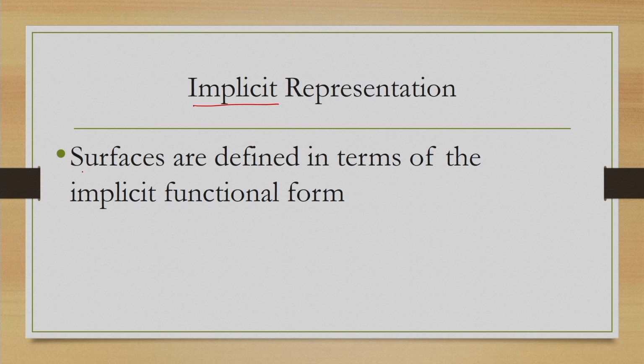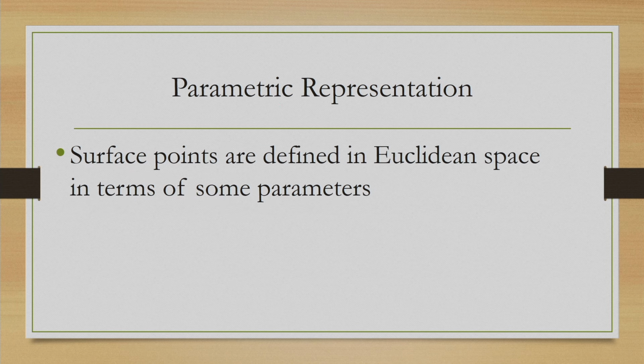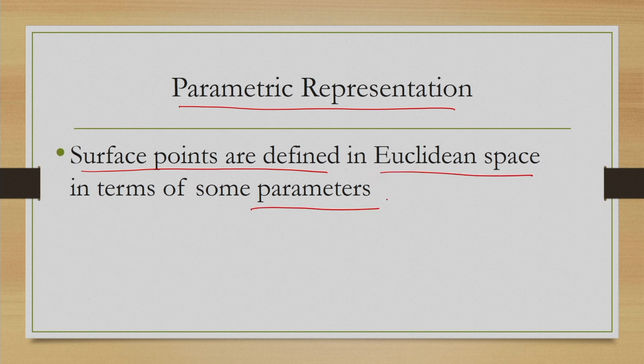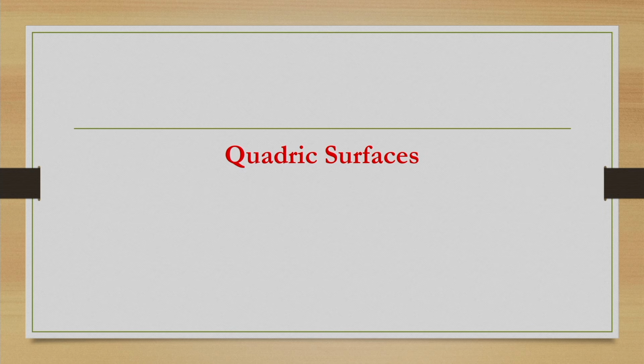In this case, the surfaces are defined in terms of implicit functional form, some mathematical equations. In case of parametric representation, the surface points are defined in Euclidean space in terms of some parameters, again in the form of some mathematical equations. Now, let us see a few examples which are popularly used in graphics.